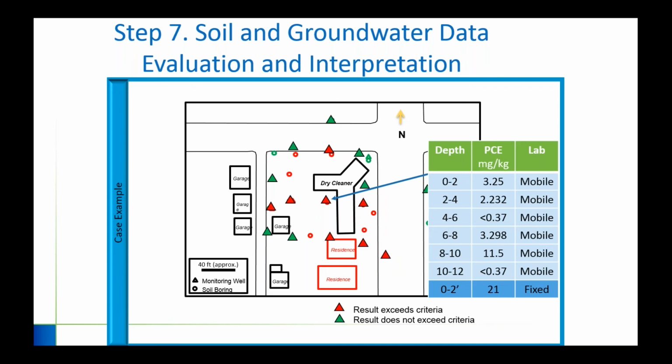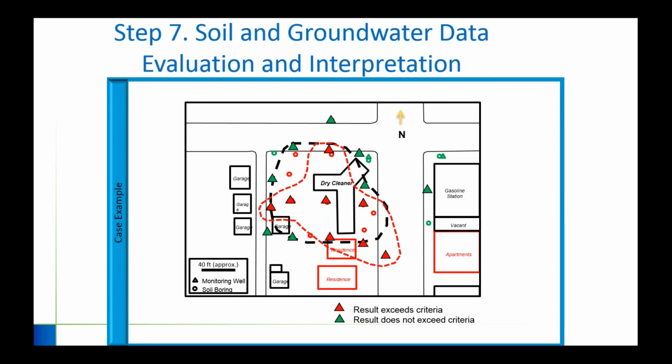The other thing that you'll notice is, remember the previous conceptual model was built with 5-foot soil samples. So if you had a 5-foot sample, say from 5 to 10 feet, you would be going across a non-detect up to an 11.5. Again, this shows you the value of higher resolution data.